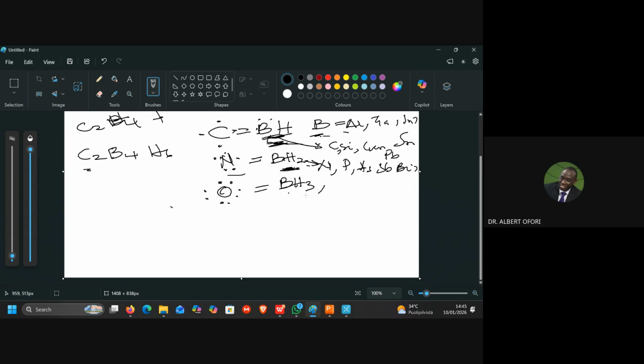Then the oxygen group is oxygen, sulfur, selenium, tellurium, and then polonium. They are going to have an equivalent of BH3. Now again, note that we can't have BH4. Boron cannot take more than 3 hydrogen.